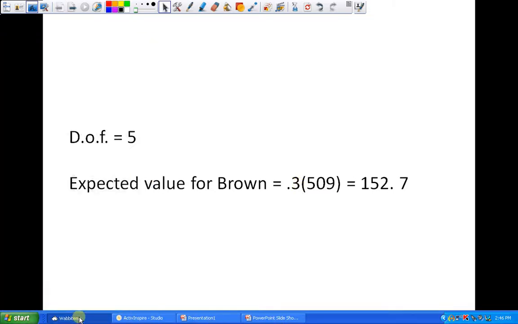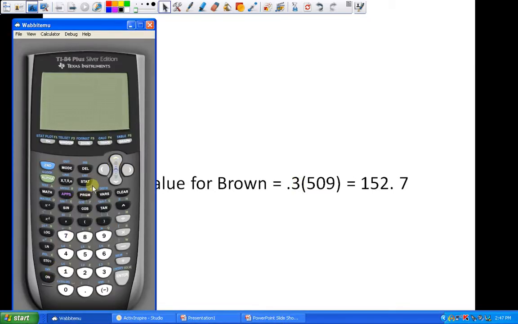So if we go to a list here, I'll show you what I've done. L1 is simply my observed values. 152, 140, those are the observed values for all of these. And L2 is my expected value.